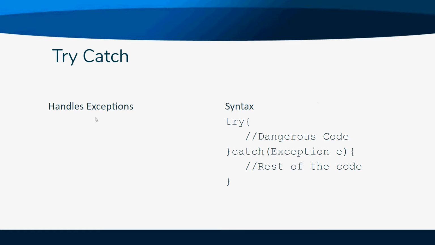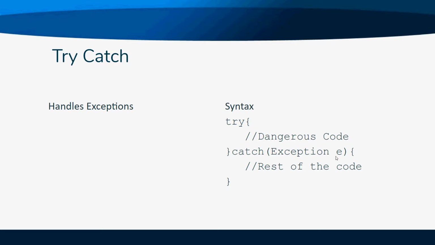Try-catch handles exceptions. It's kind of like an upside down if statement. On an if statement, you say, if this situation is true, then run this code. In this situation, it's try some dangerous code using this try right here. And then if something happens, it's going to catch the exception. In this particular syntax, I'm catching just a generic exception, so it will catch anything that happens.